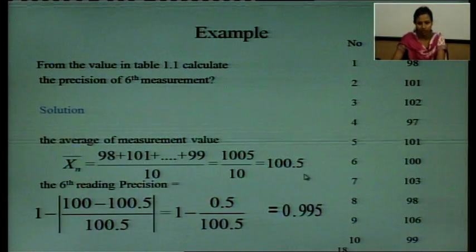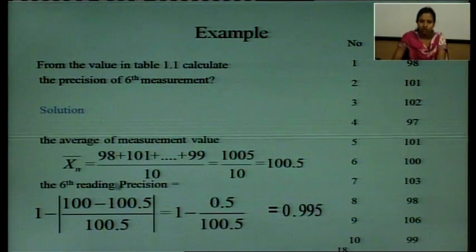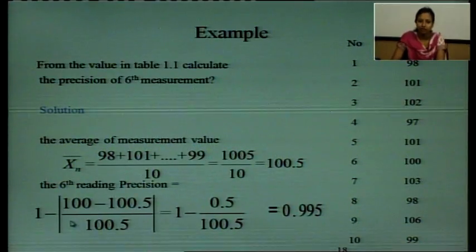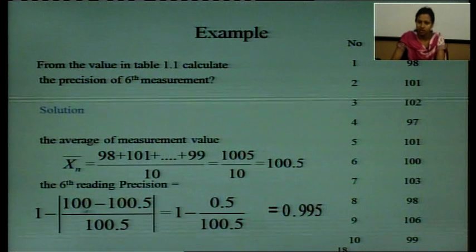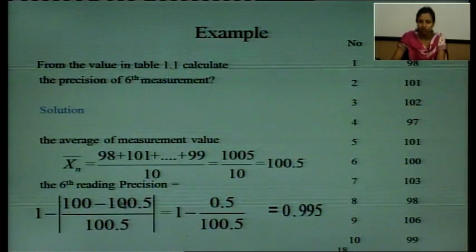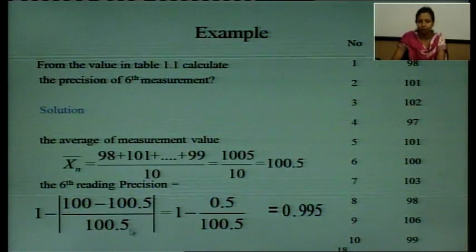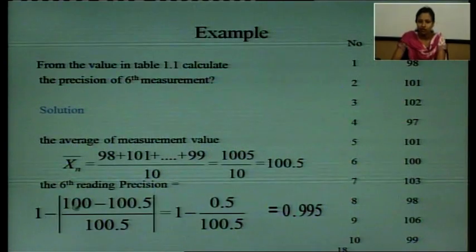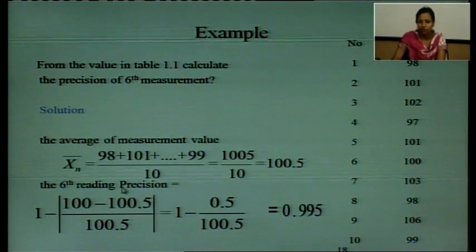This is the average value. If we want to calculate the precision, we simply take 1 minus the 6th value minus the average value, upon the average value. It means the average is taken as the true value. So 1 minus relative error is called precision.